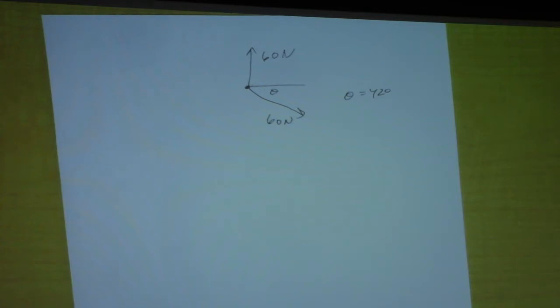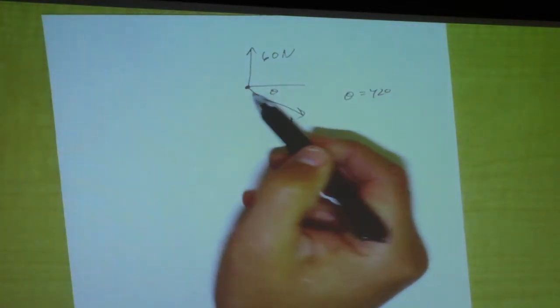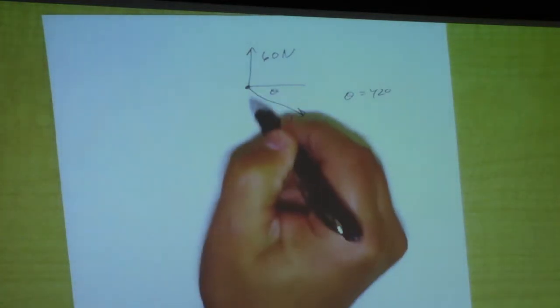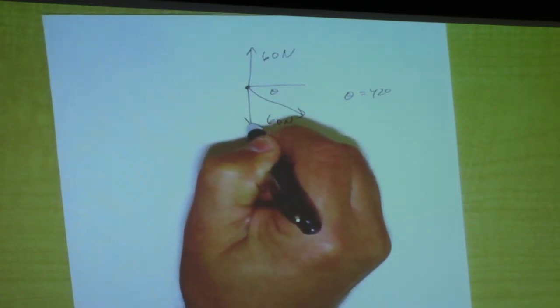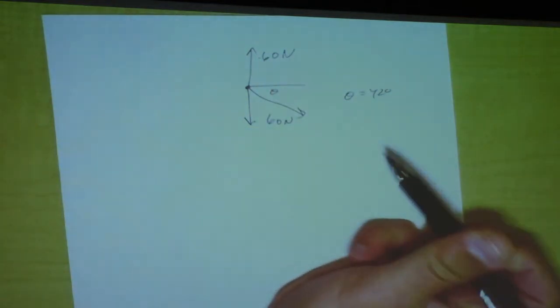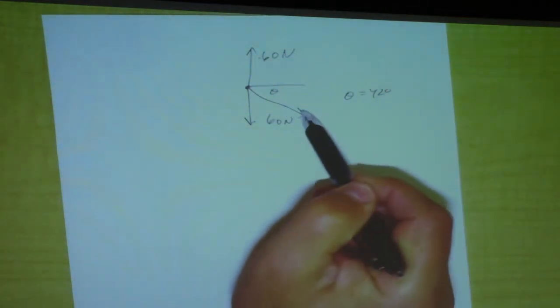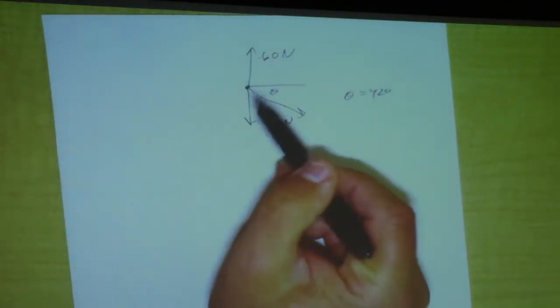The thing to know though is everything is balanced. So if there's 60 up, there has to be 60 down. So this femur force, I'm just going to call it F sub F, femur force. It's going to have 60 this way to balance the upward one, and then it's going to have enough to balance this force also. So this is 60 newtons at 42 degrees. We'll have to figure out exactly how much it is, though.